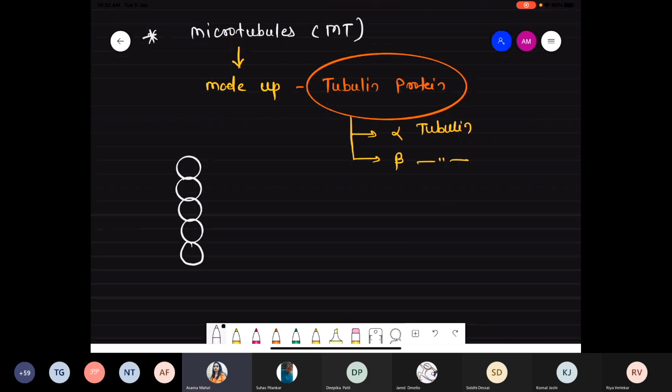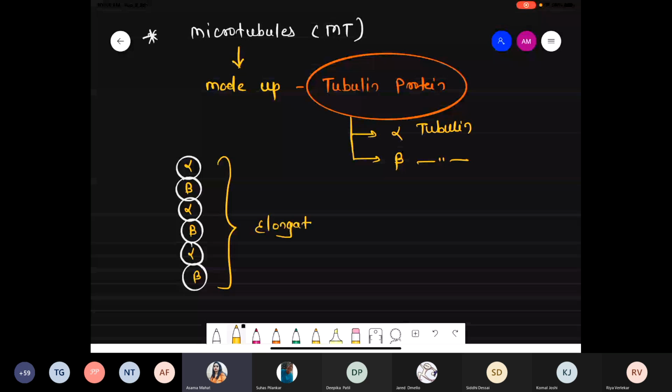One alpha tubulin, one beta, one alpha, one beta. Like this, the process shows elongation and they form a chain. All tubulin proteins join with each other and show elongation.